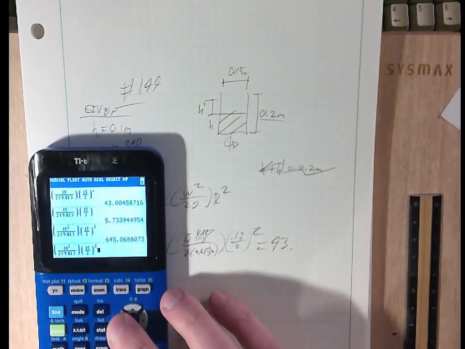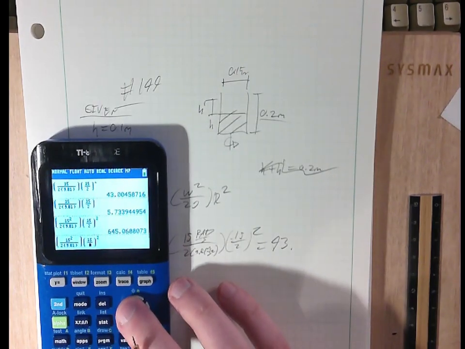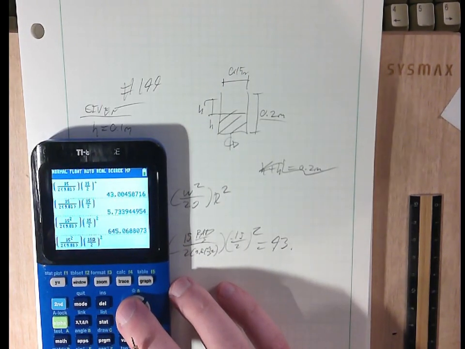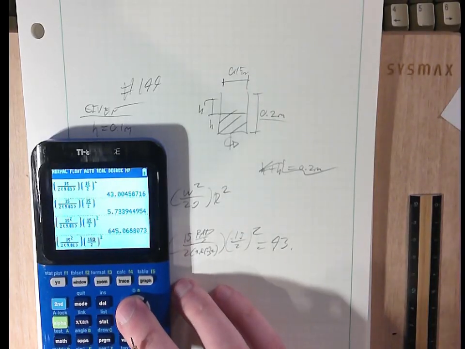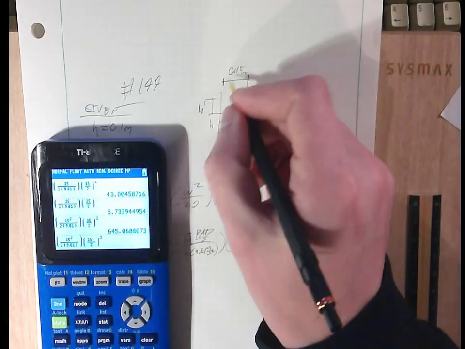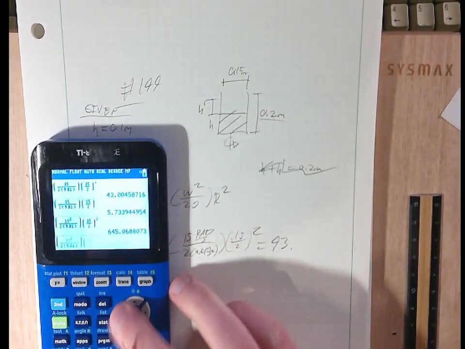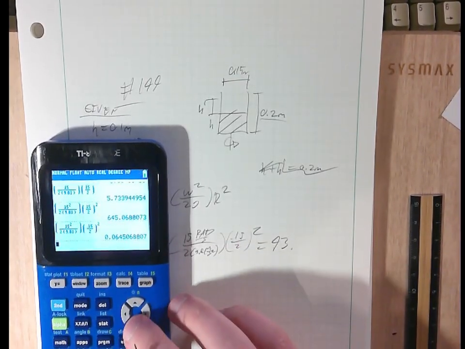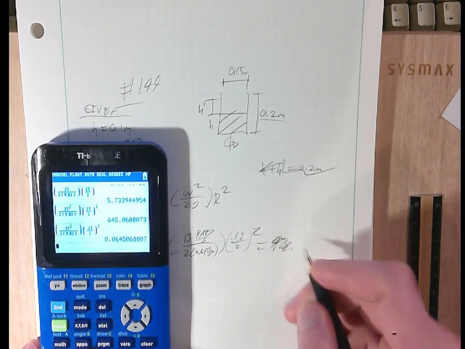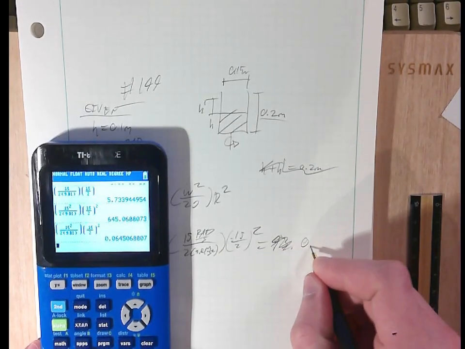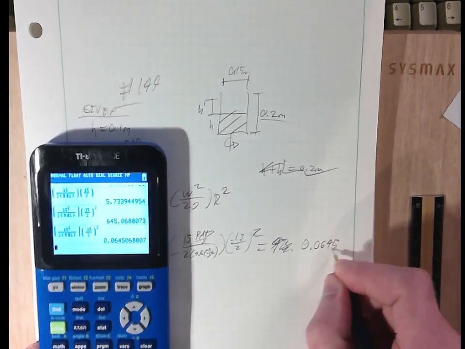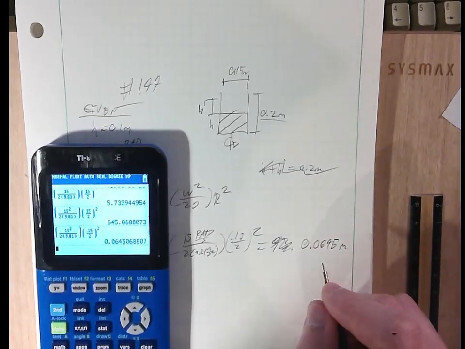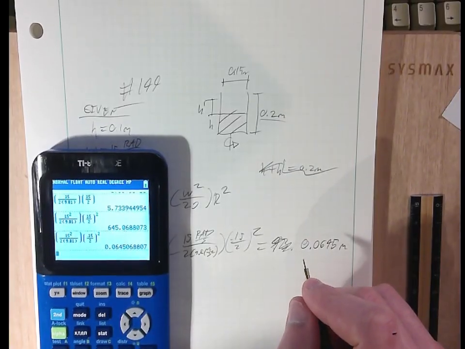And I forgot to set this is 0.15, not 15. There we are. So this is 0.0645 meters.